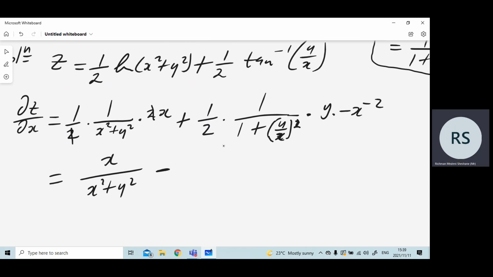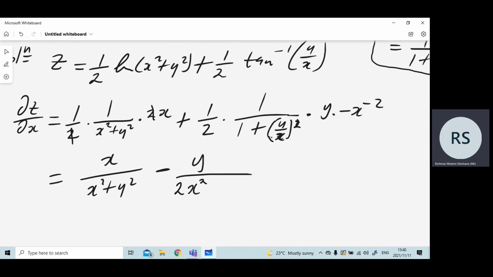And then in my numerator, I have y. In my denominator, I have also this x squared, because this is to the power of minus, so I'll have x squared. So let's write this 2 first, and also this x squared going to the denominator.